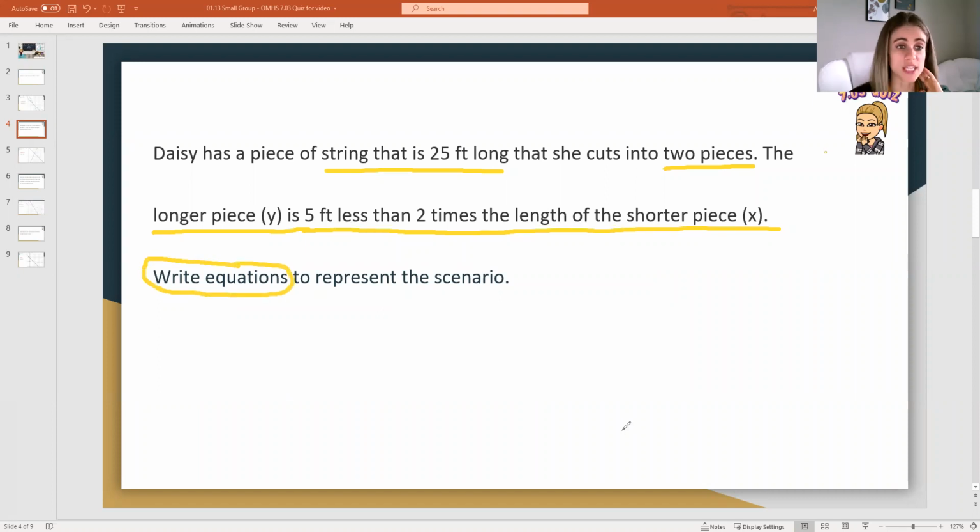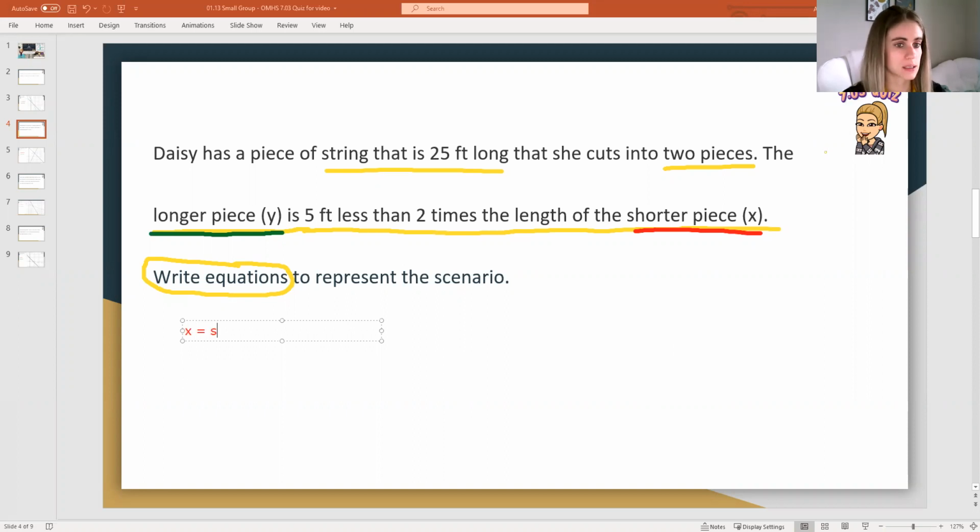All right, just like before, my very first task is to identify the variables. Sometimes the word problem tells you the variables, which this one did. This one identifies that our variables are the shorter piece, which is x, and the longer piece, which is y. All right, I'll type this over here just so that I can see it a little bit better.